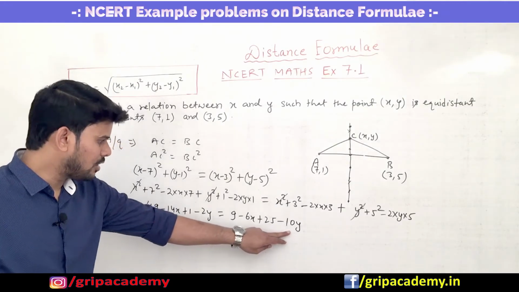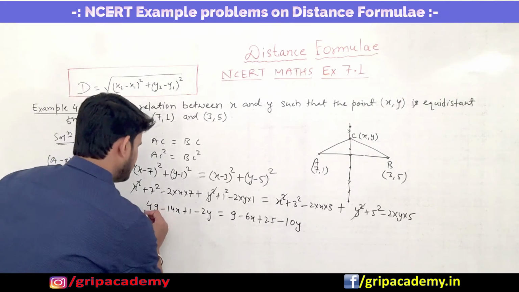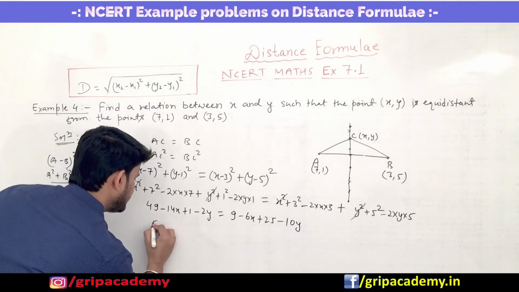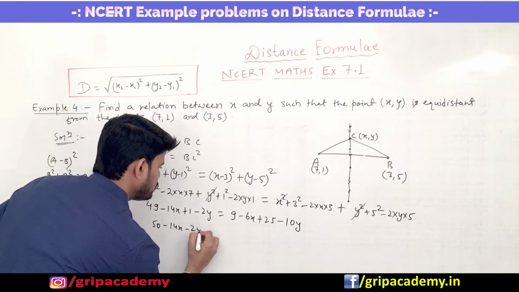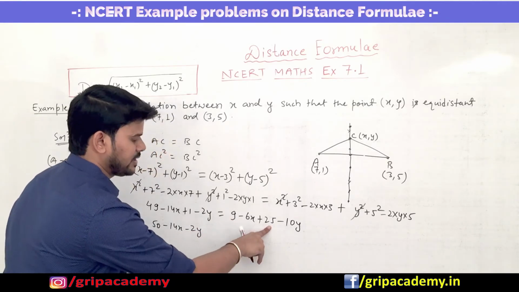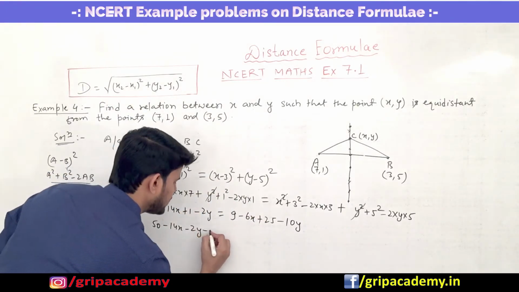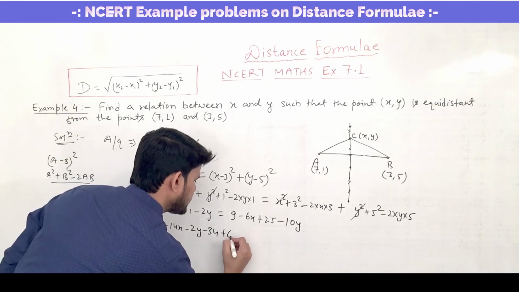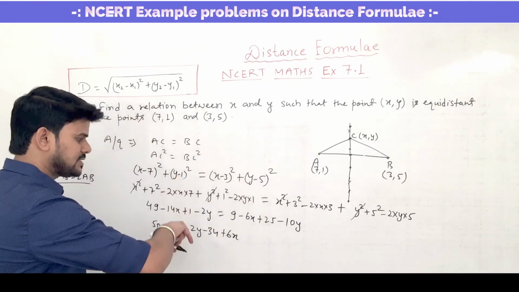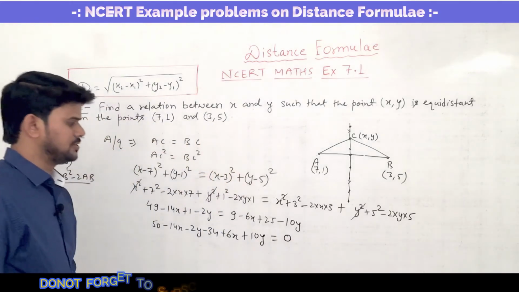Now we will bring all these terms to the left hand side. So what will we get? 49 plus 1 is 50 minus 14x minus 2y; this 9 plus 25 is 34, it will come to this side as minus 34; then minus 6x will come this side as plus 6x, and minus 10y will come this side as plus 10y, equals 0.